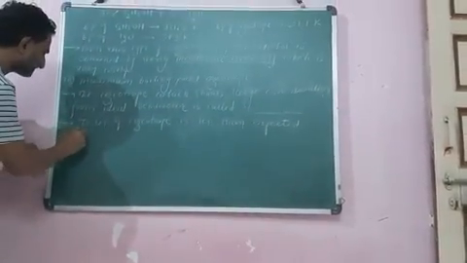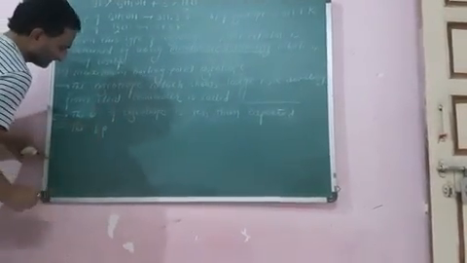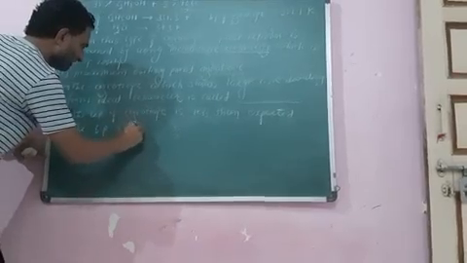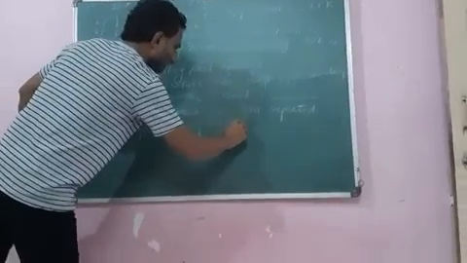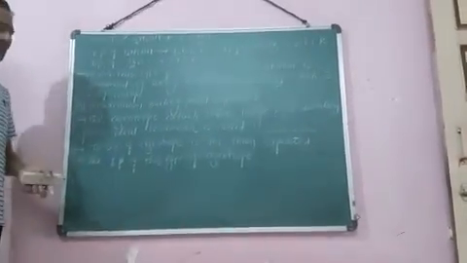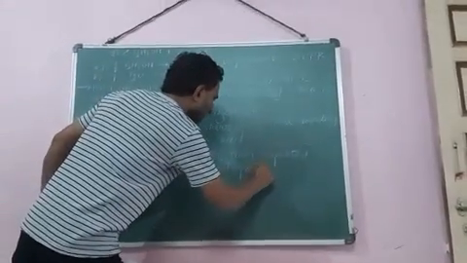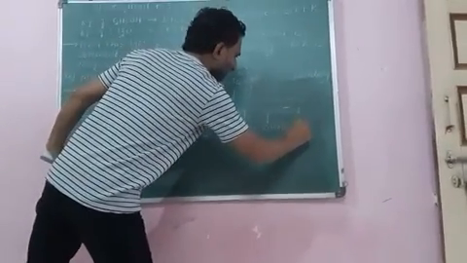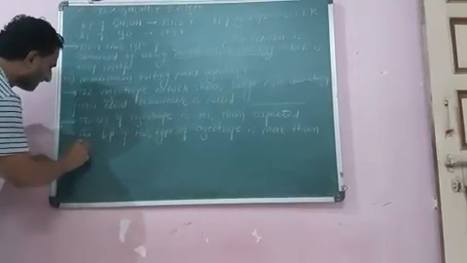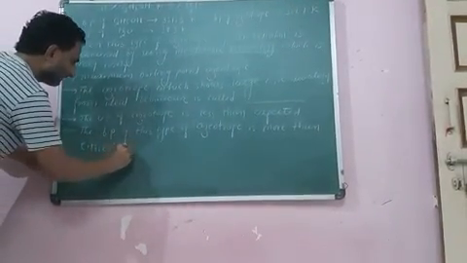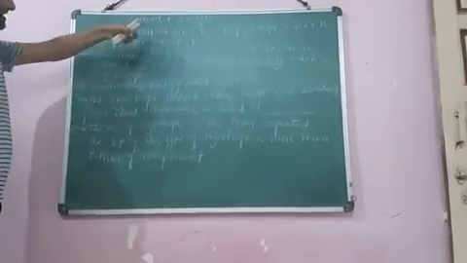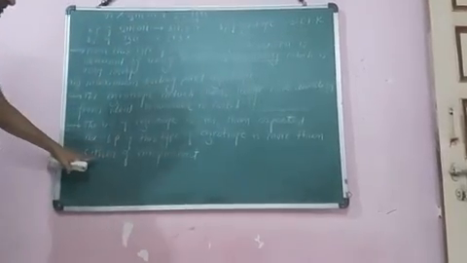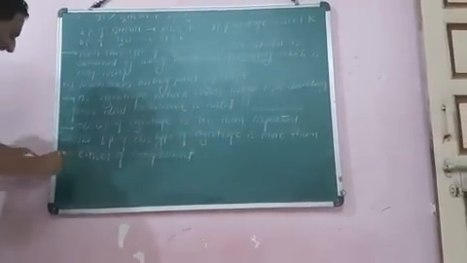Another thing, the boiling point of this type of azeotrope is more than either of the components. See here, in the earlier case it was less than both components, here the opposite concept is there, more than both components.